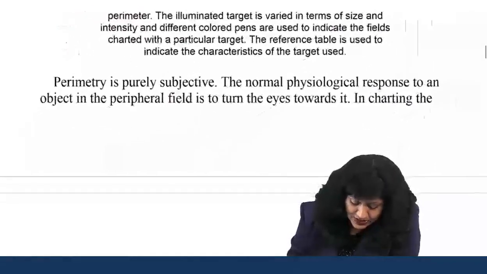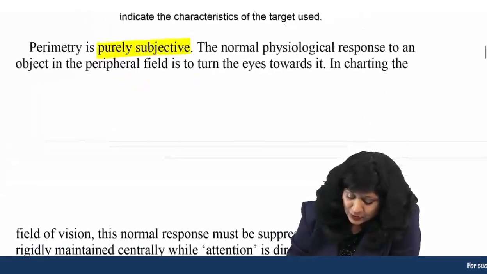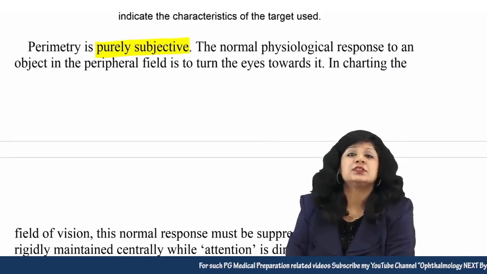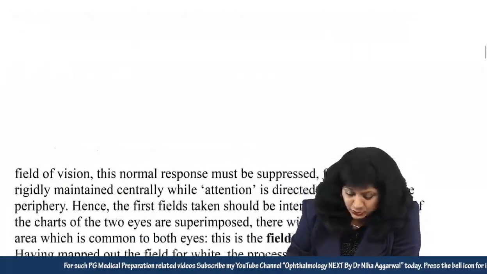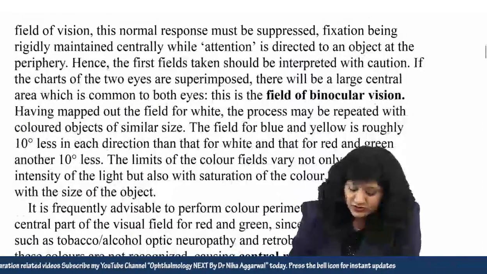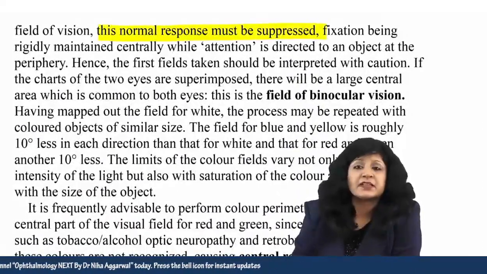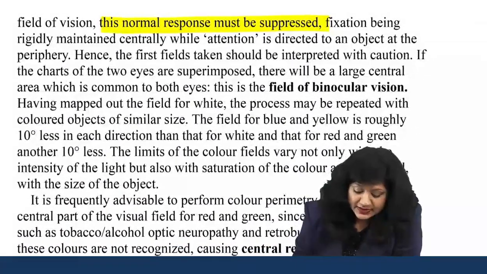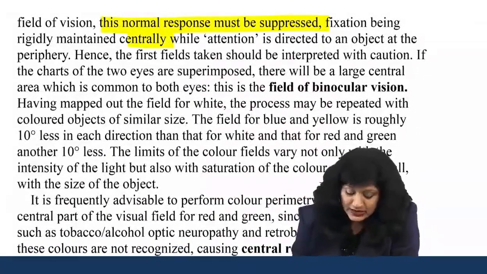Perimetry, as I told you, is purely subjective. The normal physiological response to an object in the peripheral field is to turn the eyes towards it. So in charting the field of vision, this normal response must be suppressed. Fixation being rigidly central is very, very important, while attention is directed to an object at the periphery.